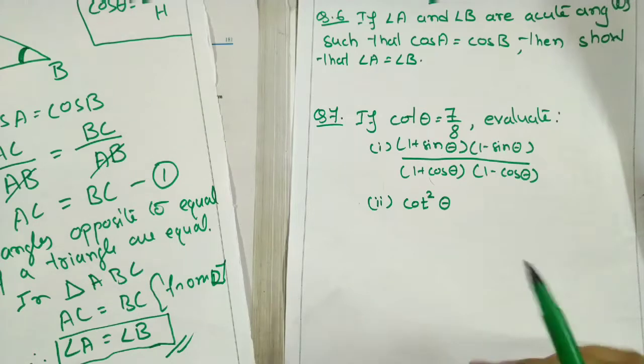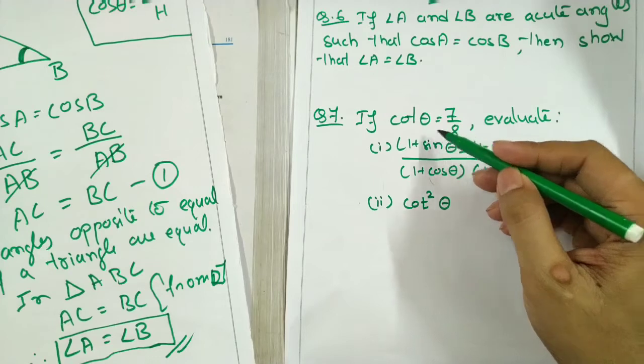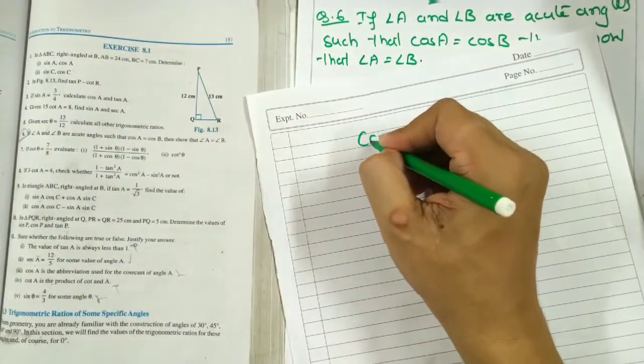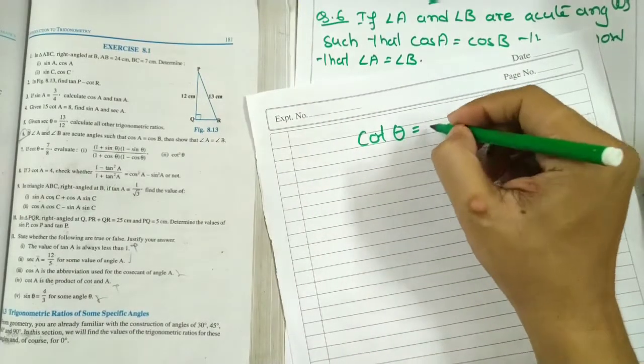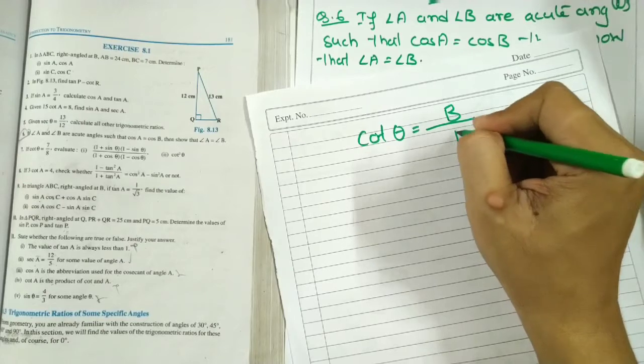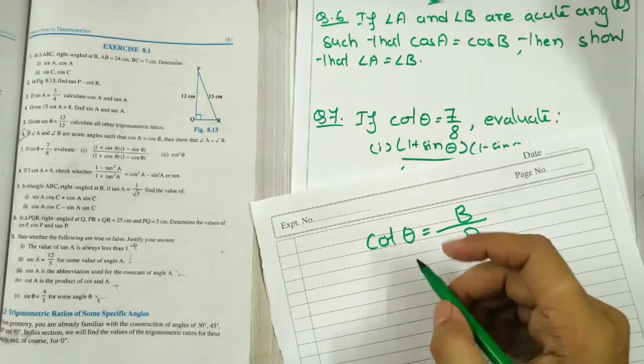First method is, see here cot theta ratio is given 7 by 8, and cot theta means it is the ratio of base by perpendicular. Here see what is the ratio given.